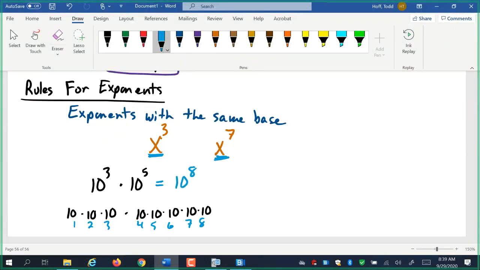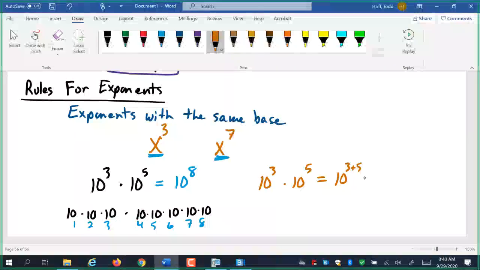That's 10 to the power of 8. Well, some of you may have seen a shortcut for this. 10 to the third times 10 to the fifth. When I am multiplying exponents with the same base, I can just add the powers. 3 plus 5 is 8, so that's 10 to the 8th.